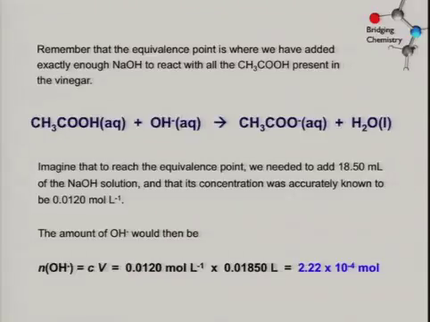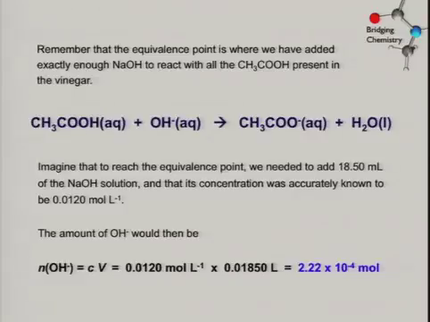And so let's imagine that we had to add 18.5 mL of the sodium hydroxide solution to get to the equivalence point. And let's further imagine that the concentration of that solution you knew accurately to be 0.012 moles per litre. Right? So you've worked that out independently somehow.